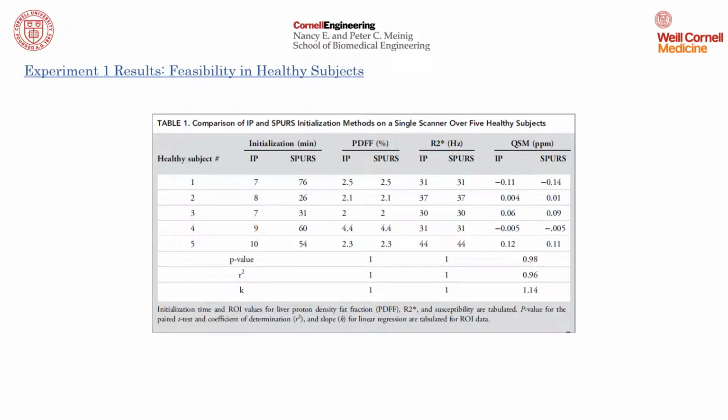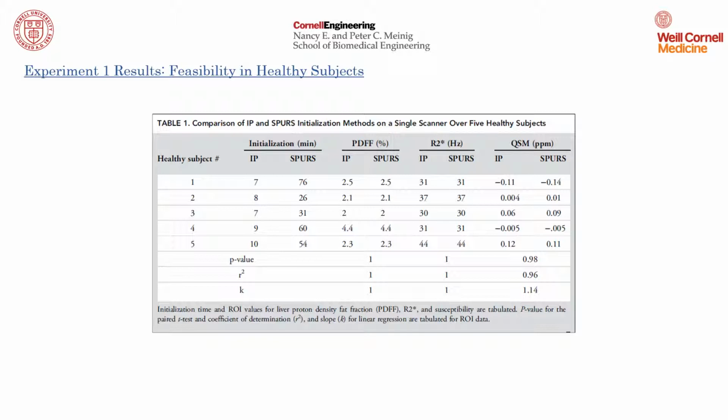Table 1 shows the results for experiment 1, which is the feasibility and development of the method in healthy subjects. We performed ROI analysis with the proposed IP method in proton density fat fraction, R2 star, and QSM, and compared it with the existing 3D graph cut method known as SPURS, as can be seen in this table.